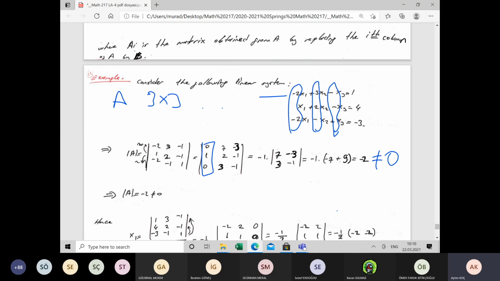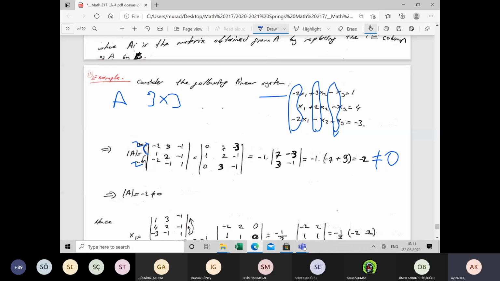It's okay. So apply these operations. We obtain the second row staying the same, 1, 2, minus 1. Apply this one: take the second row, multiply by 2. 2 minus 2, 0. 2 times 2, 4.